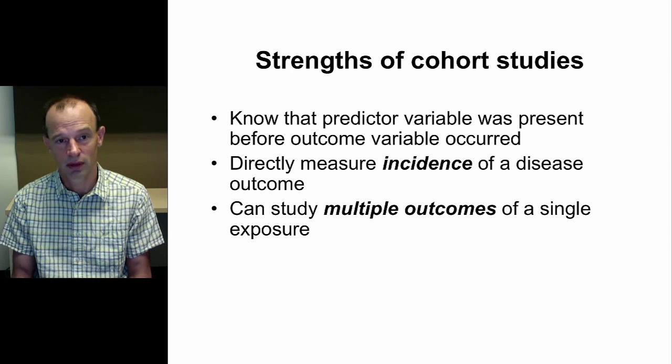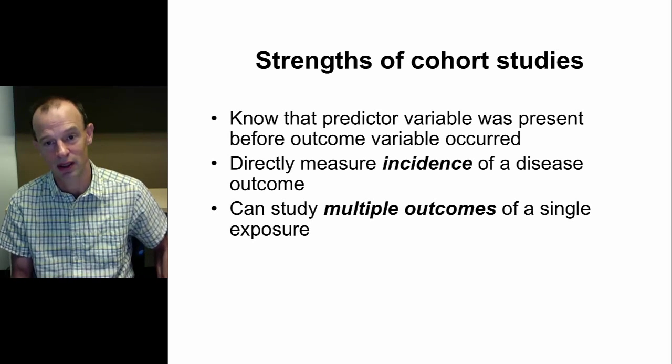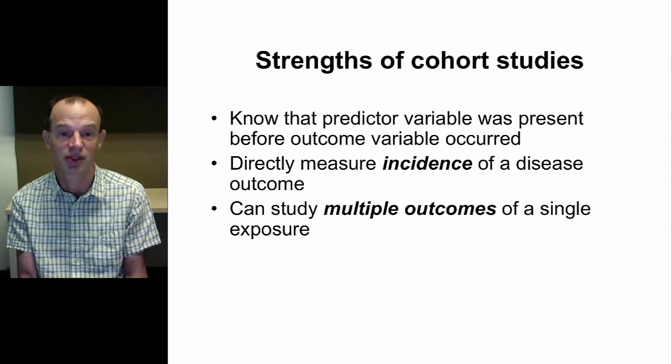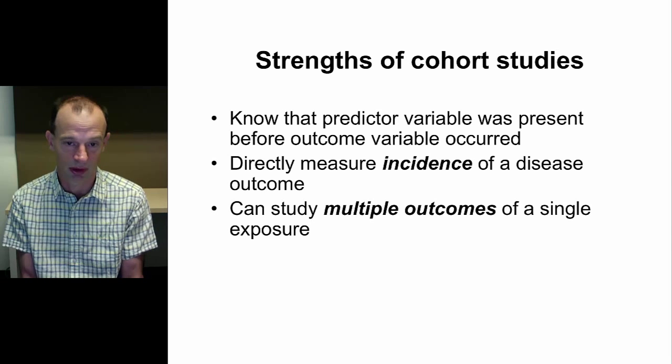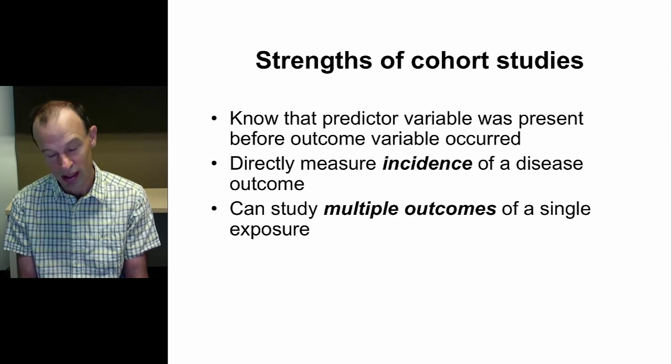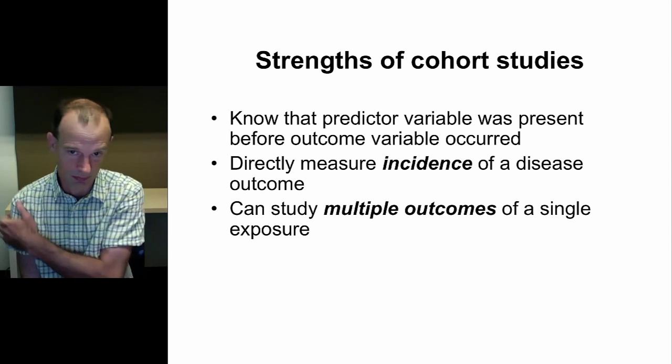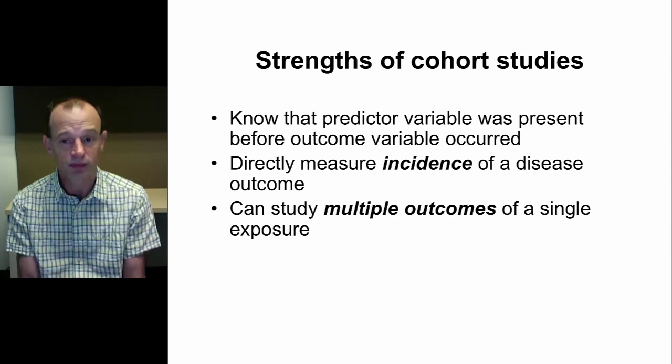So the strengths of a cohort study are that the predictor variable or the explanatory variable was present before the outcome variable occurred, particularly in prospective cohorts where you can measure those well before the outcome measurement happens. And you can directly measure incidence of a disease outcome. As well, you can study multiple outcomes of a single exposure.